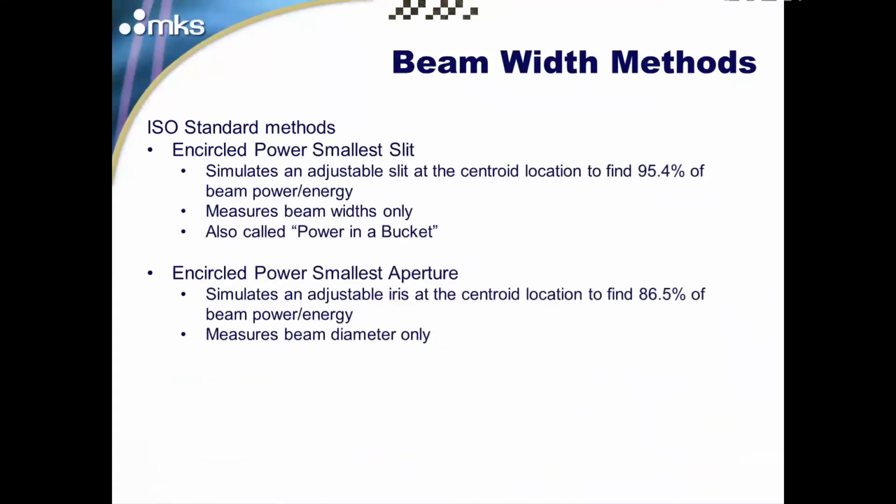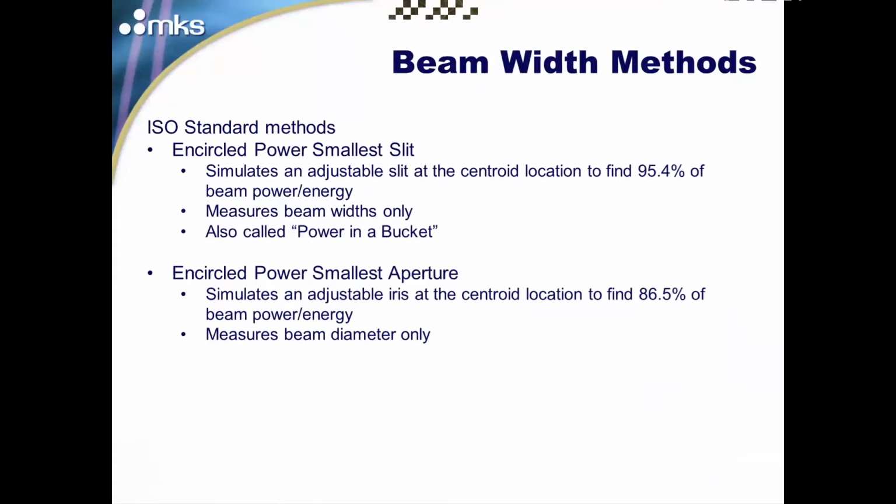With the ISO standard encircled power methods, the smallest slit method simulates an adjustable slit on the centroid location of the beam, and then that's sized smaller and smaller until they find 95.4% of the total beam power or energy. This is also called the power in a bucket method, and it's important to note that that only measures beam widths.